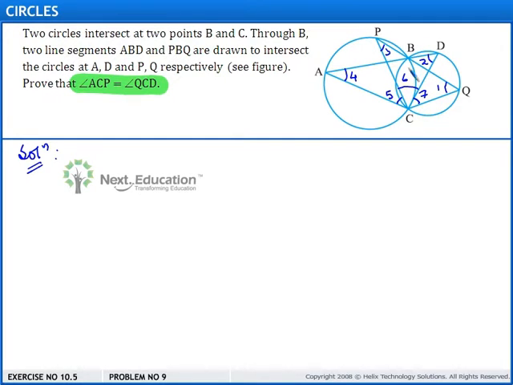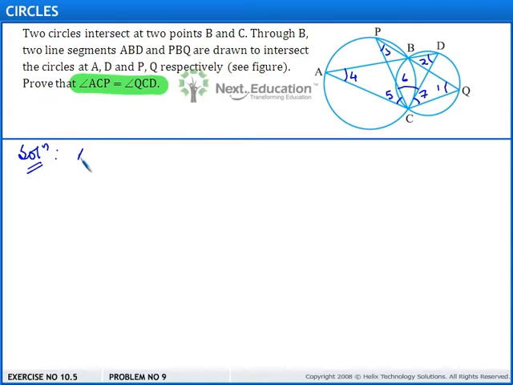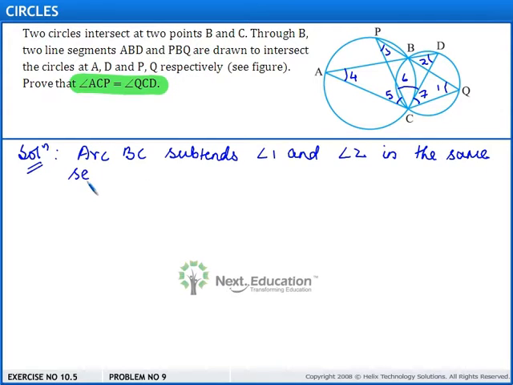Now in the smaller circle, notice that arc BC subtends angle 1 and angle 2 in the same segment of the circle.